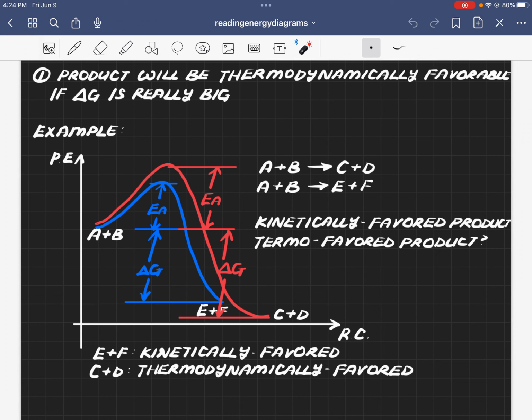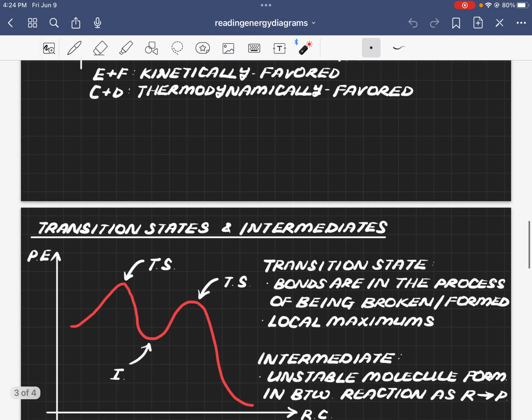So based on that, we see that C plus D ends up at a much, much lower energy level than E plus F. So that is the formation of a more stable compound. So we'd say that C plus D is a thermodynamically favored product.